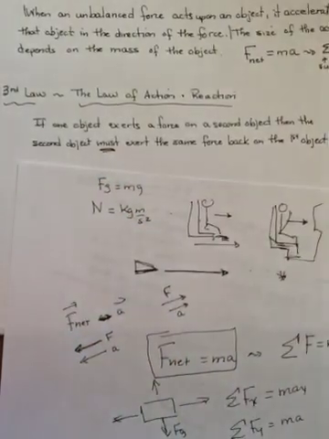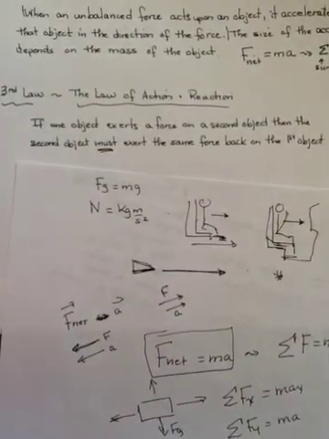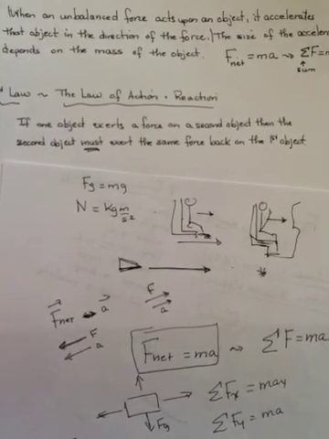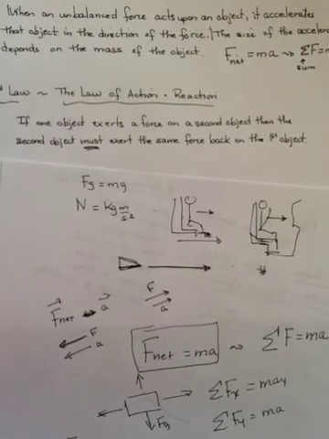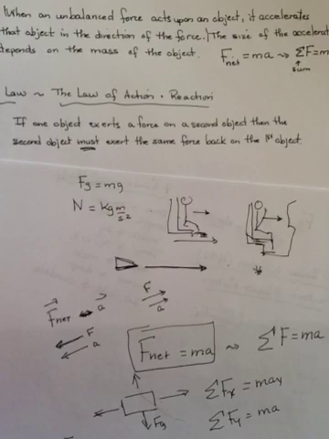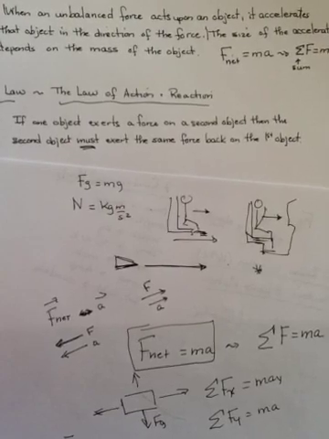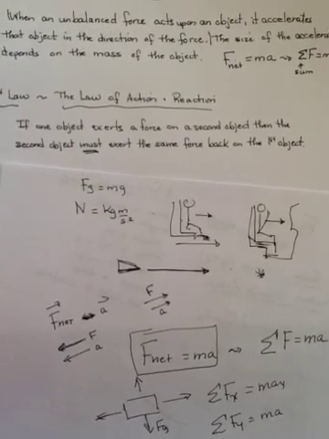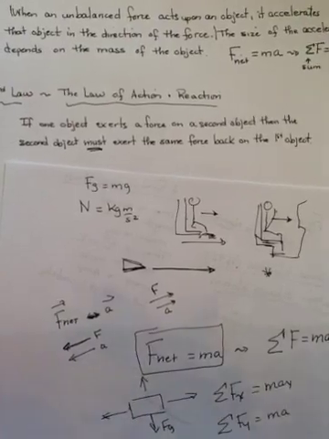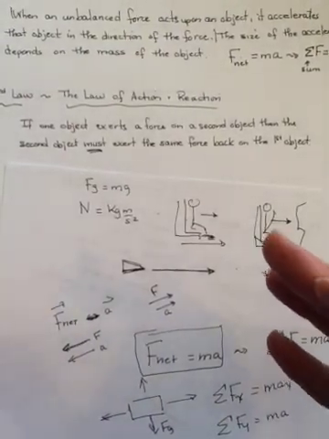It doesn't say might or could. It must. If one object exerts a force on a second object, the second one must exert the same force back. If it doesn't, then the first object can't put that force on the second one.